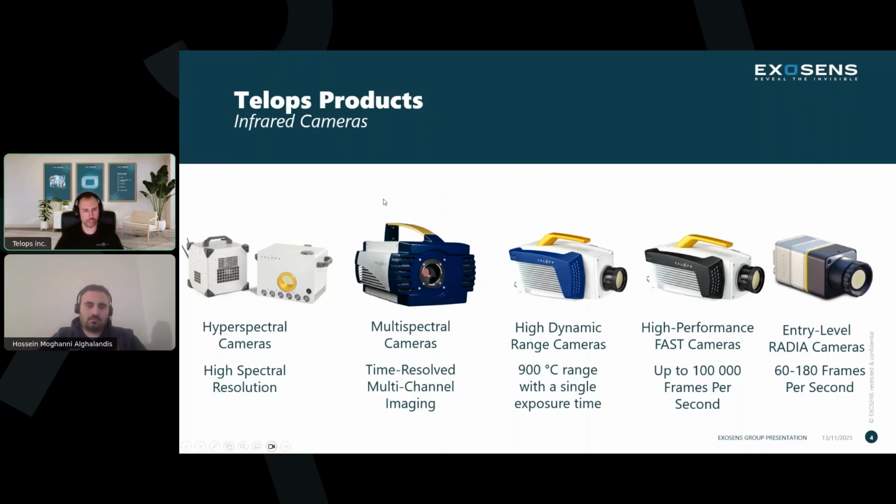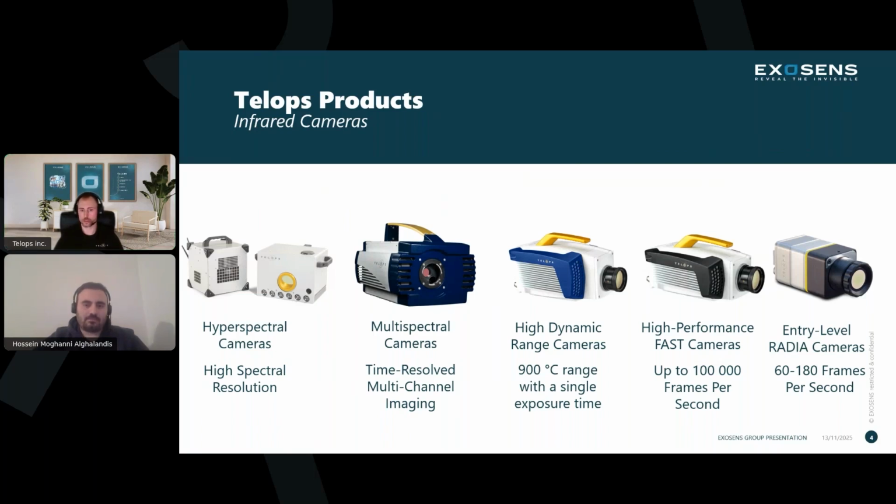These are some of the products that we offer. Everything from when we first started, our hyperspectral cameras, the high spectral resolution cameras, through our regular broadband cameras. But we also have multispectral cameras, which provide time-resolved multi-channel imaging through 8 different filters on a rotating filter wheel that allows for simultaneous capture of 8 different filters observing the same scene.